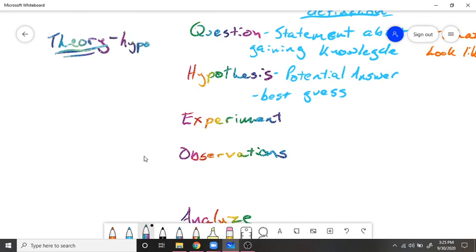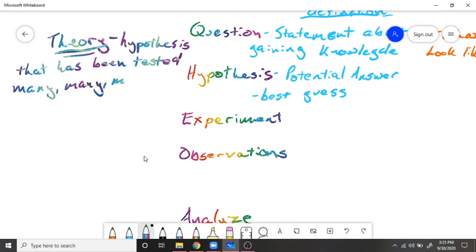A theory is a hypothesis that has been tested many, many times and shown to be true.